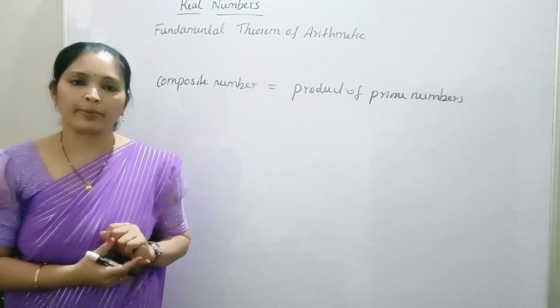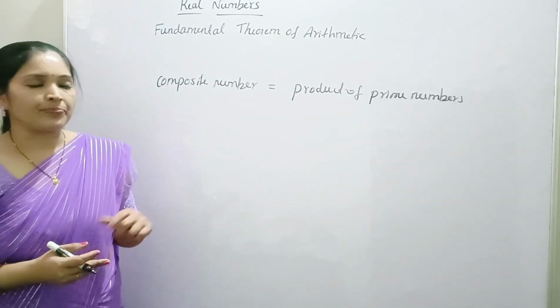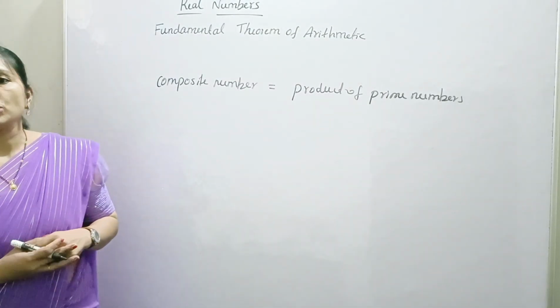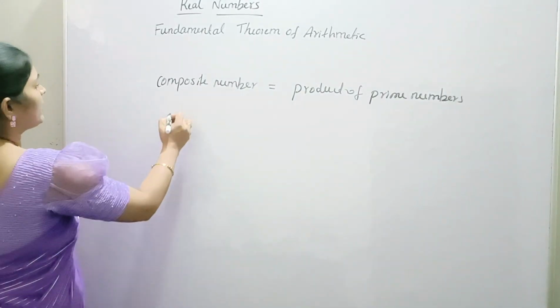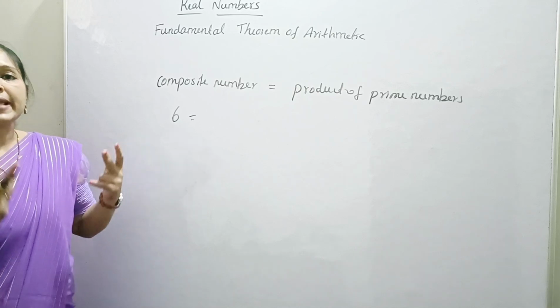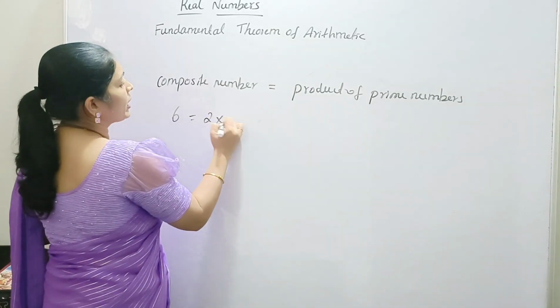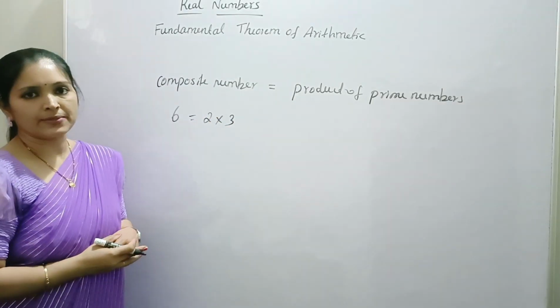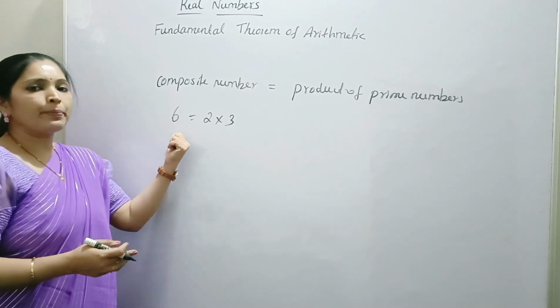Let's take one example. Let's take a composite number, 6. We know that 6 can be written as 2 into 3, and 2 and 3 are prime numbers. So here 6 can be written as a product of two prime numbers, 2 and 3.